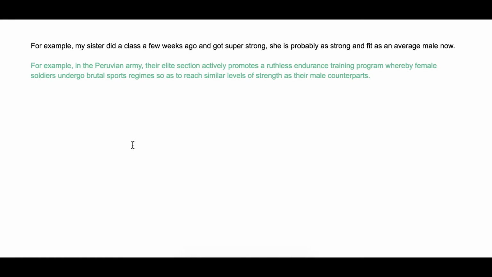Whereas in my example, I've put, for example, in the Peruvian army. I'm using the nationality there, showing the examiner my lexical resource, and instead of "did a class," I said I'm talking about the elite section in the army, referring back to the question again, actively promotes a ruthless endurance training program whereby female soldiers undergo brutal sports regimes.